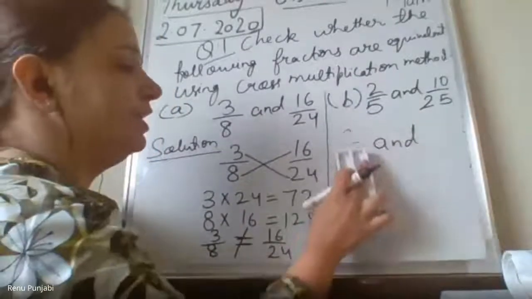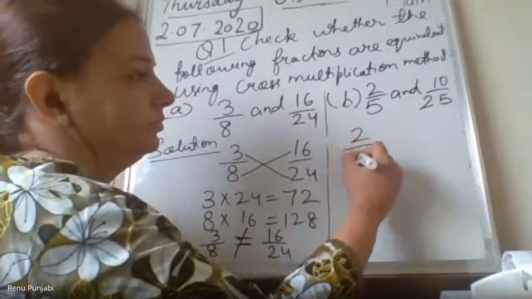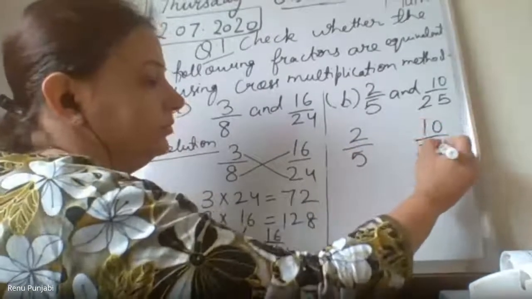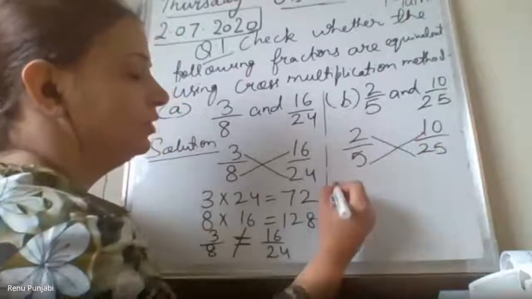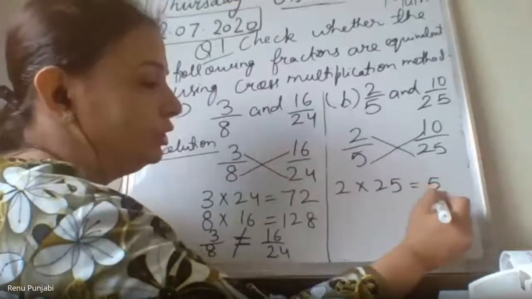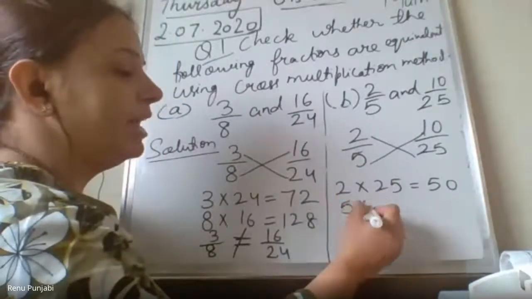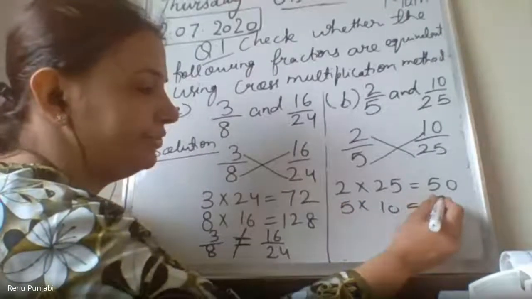So first we do cross multiplication. 2 into 25 is 50, 25 multiplied by 2 is 50. And 5 into 10 is also 50.